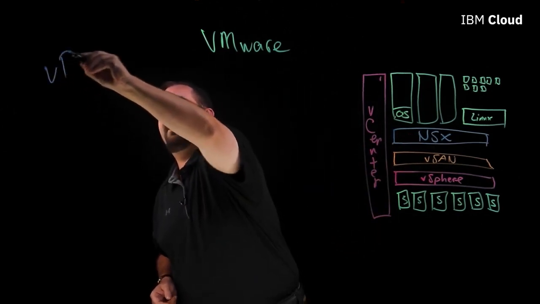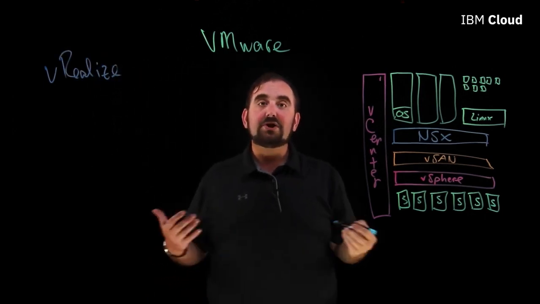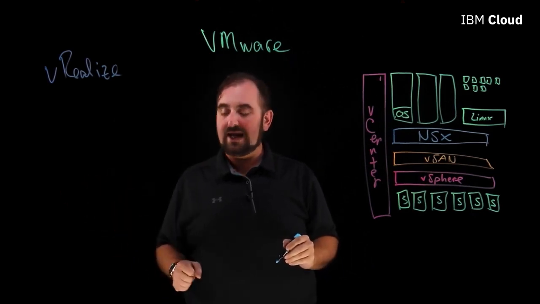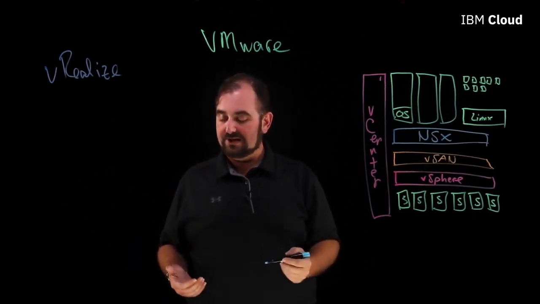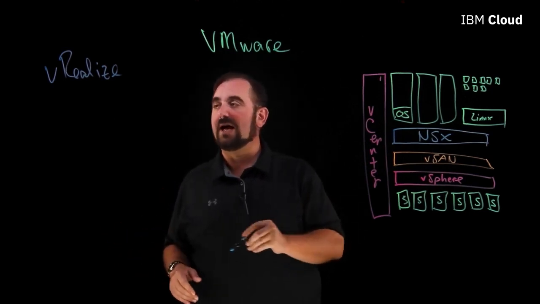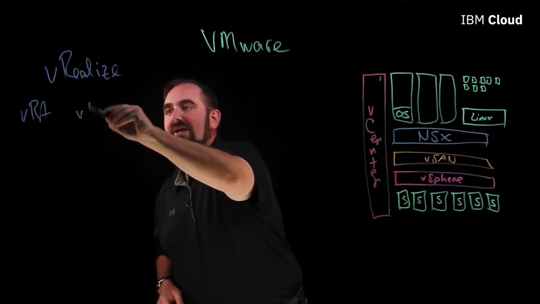So vRealize, the two pieces that get talked about the most often are going to be VRA and VRO. That's vRealize Automation and vRealize Orchestration, or vRealize Operations, depending on who you ask. So you've got your VRA and your VRO.